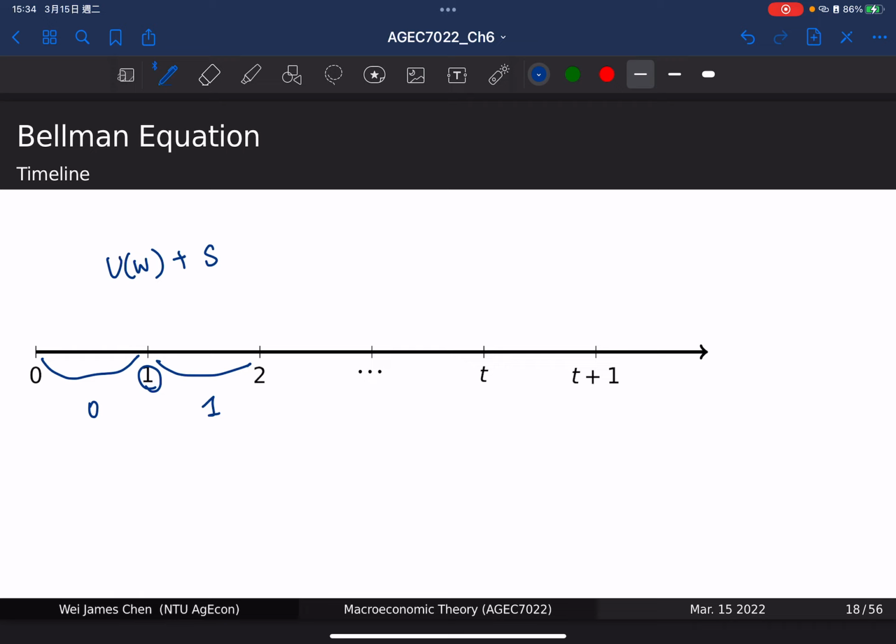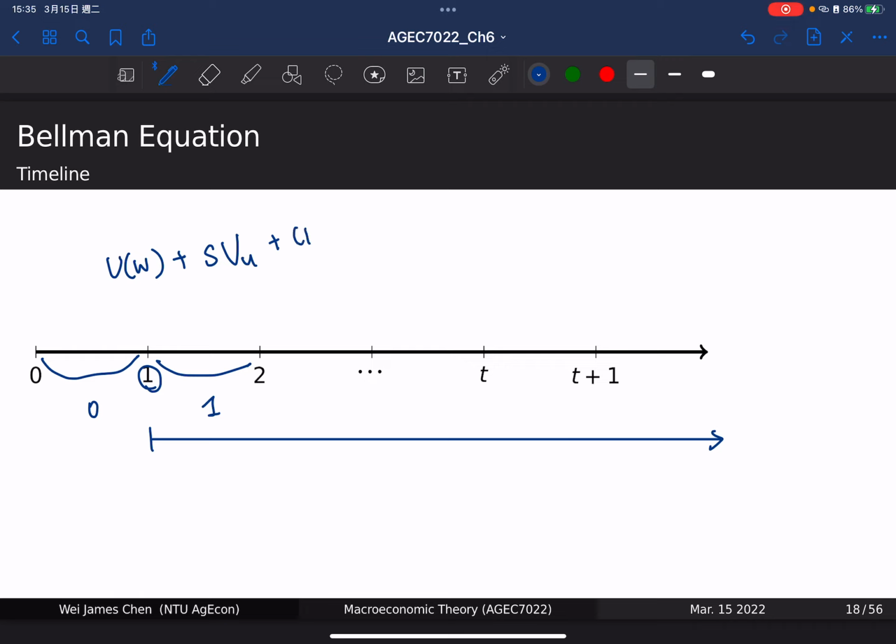If he or she is separated, then from that point all the way until the end of the infinitely many periods, his value is going to be VU. That's how we define it. Okay.